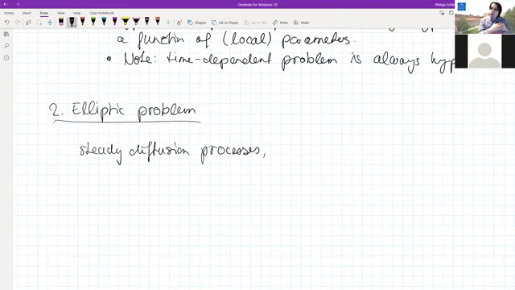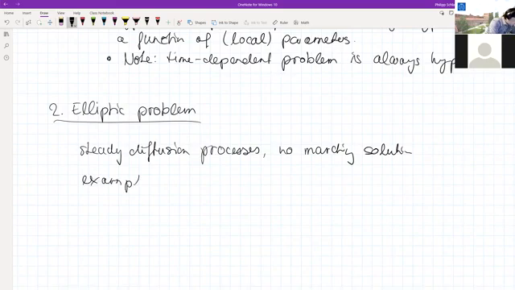That means there's no clear direction in which the solution would propagate, and there is no marching solution, where something would propagate from one direction to the other. Everything is instantaneous. The typical example for that is the Poisson equation or Laplace equation if the forcing is 0.